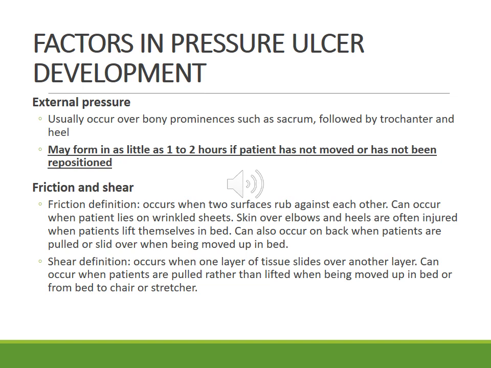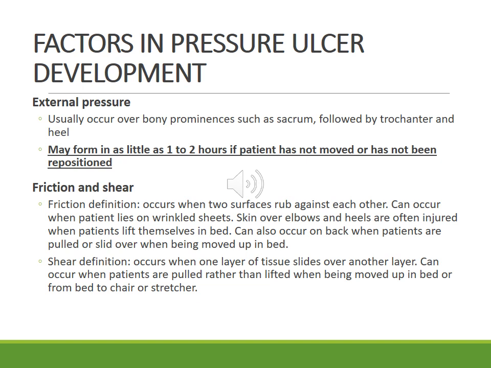They can form in as little as 1 to 2 hours if a patient has not been moved or has not been repositioned. So that's why when you have a patient with decreased mobility or they are bedridden, it is so important that we are turning our patients, that we are repositioning them, because again, these can form very quickly.